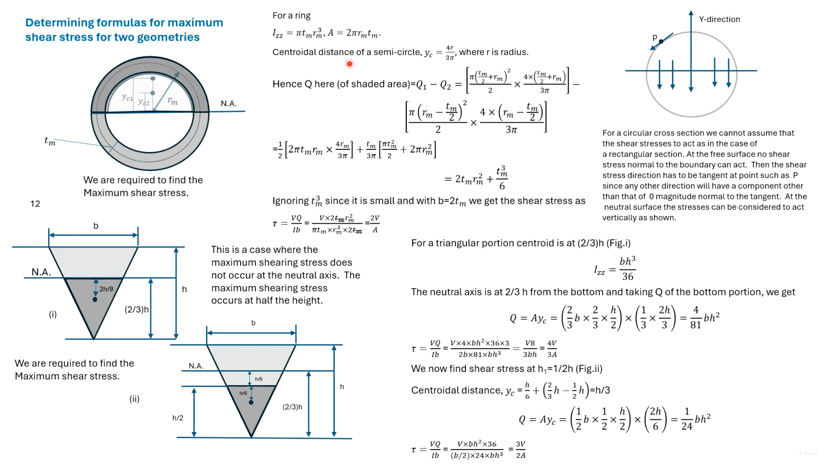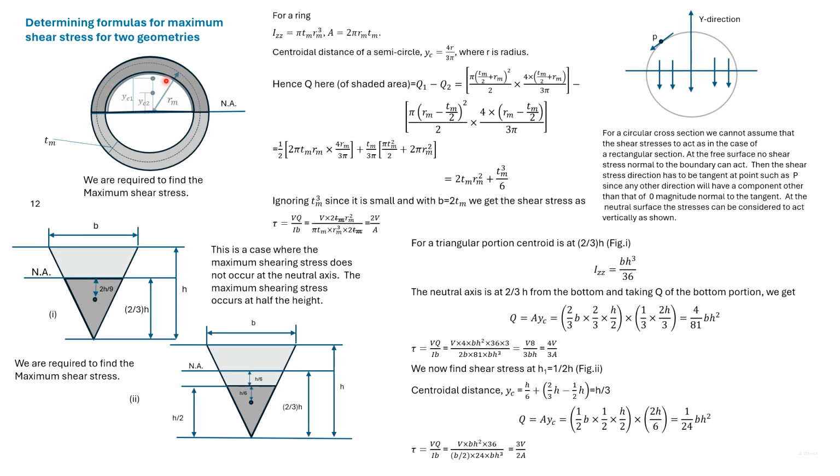The centroidal distance is given as 4r divided by 3 pi for a semicircle. The radius for the outer circle is Rm plus Tm divided by 2. So here we have Q for the larger semicircle. It is given as area into centroidal distance. Area is pi r squared by 2 and centroidal distance is 4r by 3 pi.